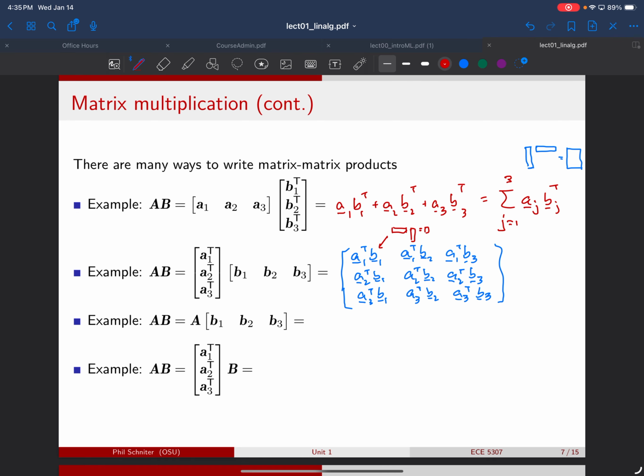And so we have these scalar entries in this 3 by 3 matrix. So altogether, we're going to have a 3 by 3 matrix. Maybe up here I should emphasize this is a scalar. So this is in the field of real numbers.